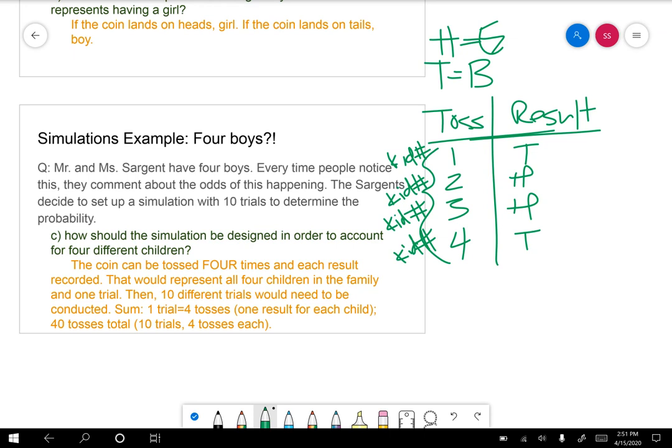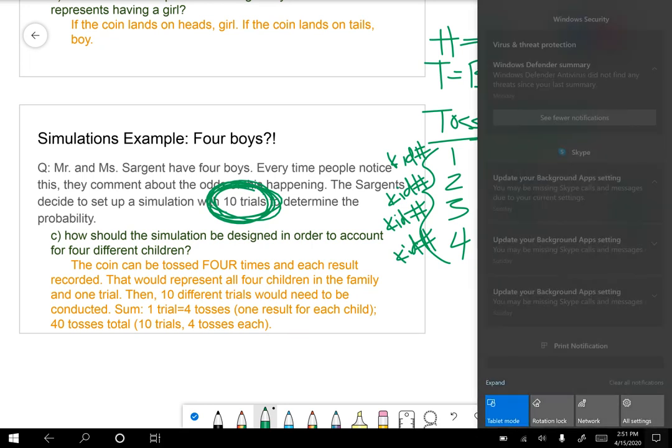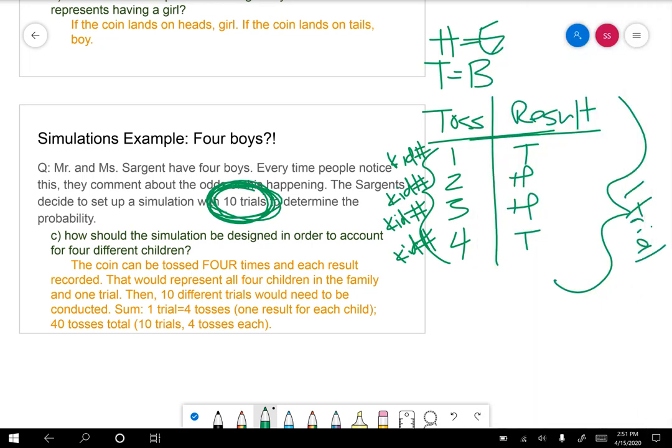But remember, the other part of this question was, we want 10 trials. So this right here could be considered one trial. One trial is 4 tosses of our coin.